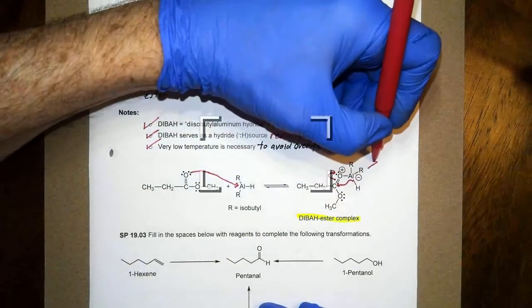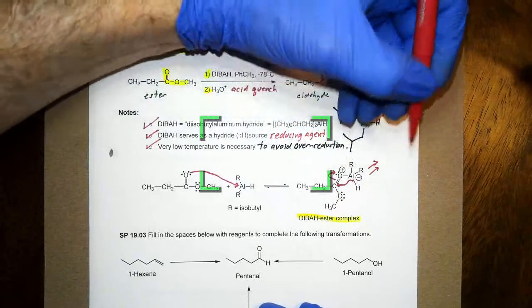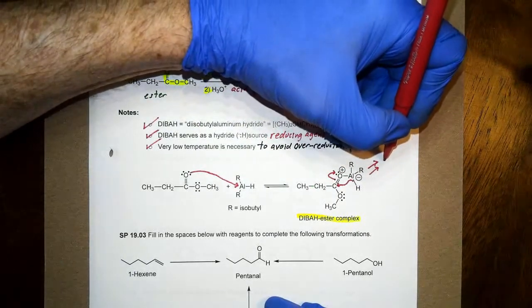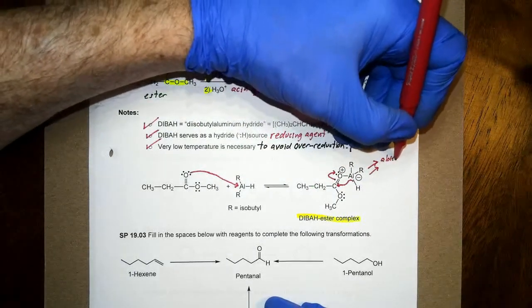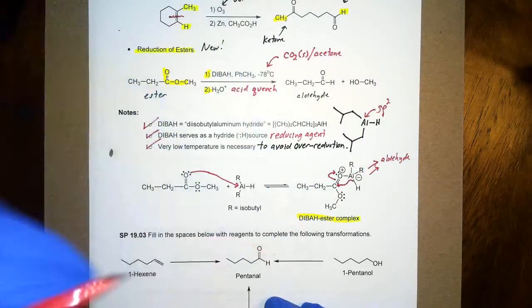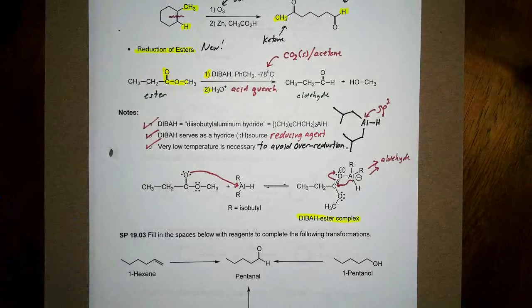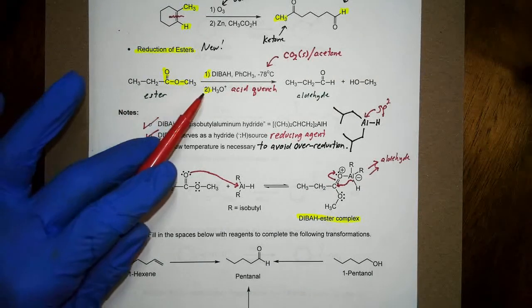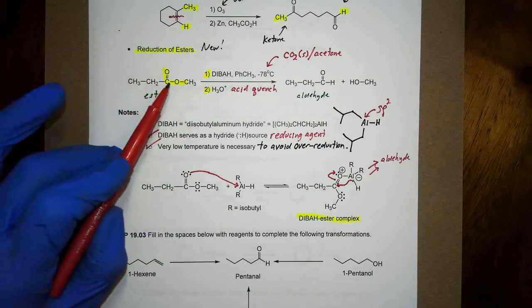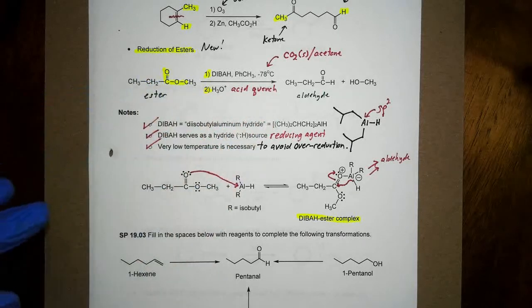And then there are a few subsequent steps, and we form our aldehyde. So take a look at McMurry for a little more detail regarding that. But just remember, the purpose of a DIBA reduction is to convert an ester into an aldehyde.